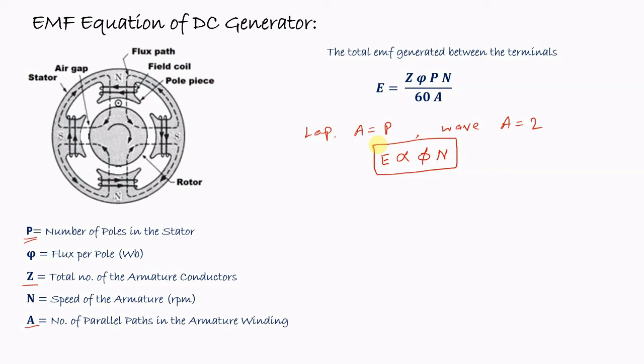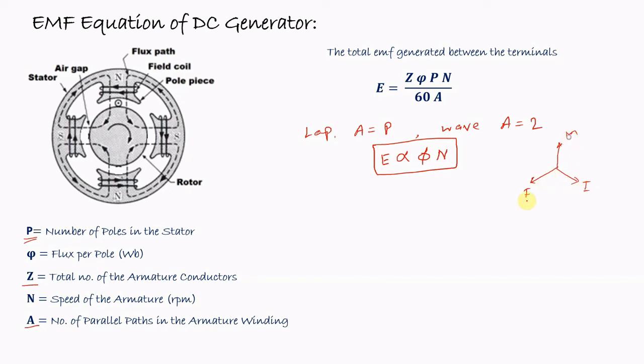Here, the polarity of the induced EMF depends upon the direction of the magnetic field and the direction of rotation. Because from Fleming's right-hand rule, you can find out the direction of the current, that means the polarity of the induced EMF. Let's say this is the motion, this is the magnetic field, and this is the direction of the current.